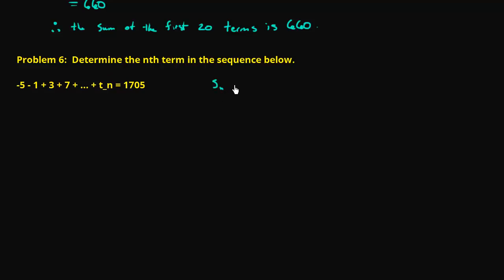S sub n is equal to n times 2a plus n minus 1 times d, all divided by 2. And it's also equal to n times a plus t sub n, all divided by 2.